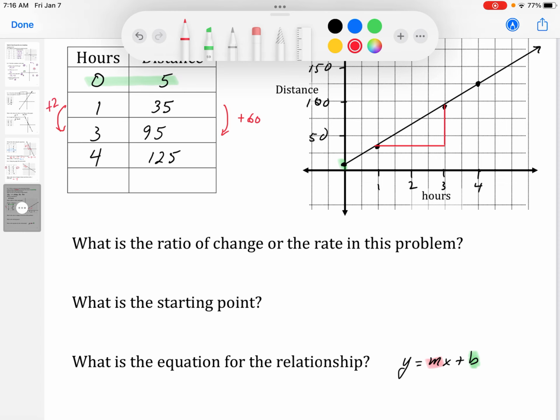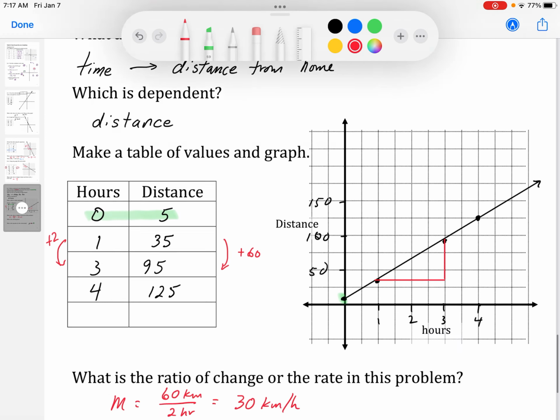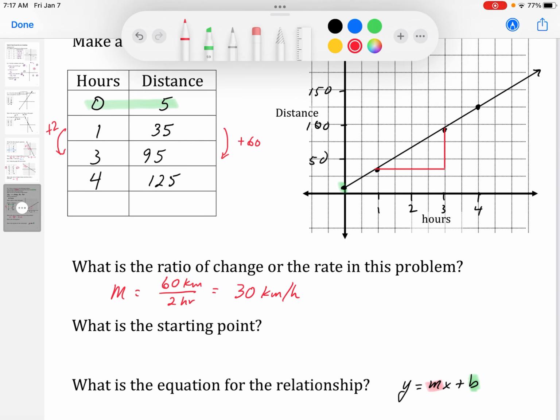The ratio of change is 60 kilometers over 2 hours. As a unit rate, that works out to be 30 kilometers per hour. And notice that that was the rate in the problem. So the starting point we've established is at 0 hours, it's 5 kilometers.